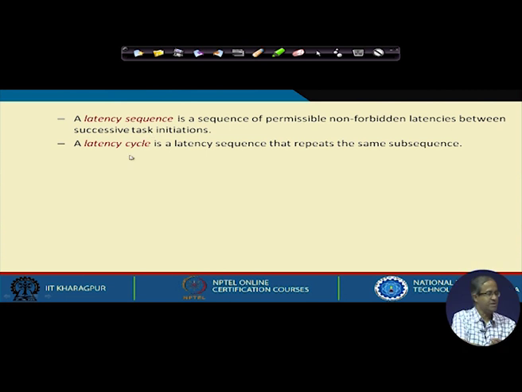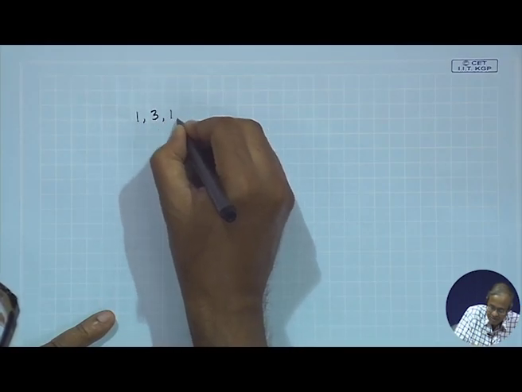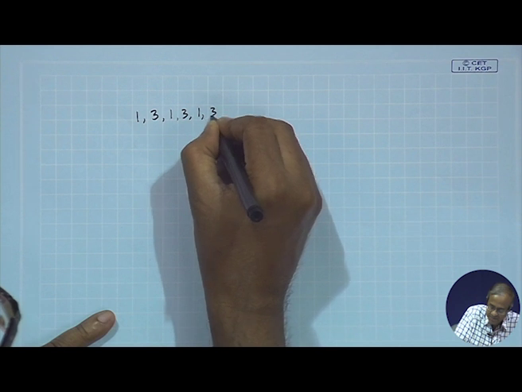This sequence can be any arbitrary delay gaps that you can specify, and if this sequence repeats in time, then we call it a latency cycle. A latency cycle is nothing but a latency sequence where the same subsequence is repeated. Let us take an example. Suppose we use a latency sequence like 1 3 1 3 1 3 and this repeats indefinitely.